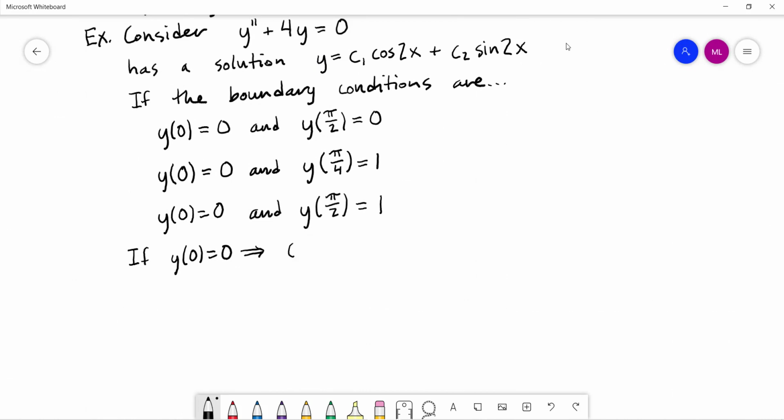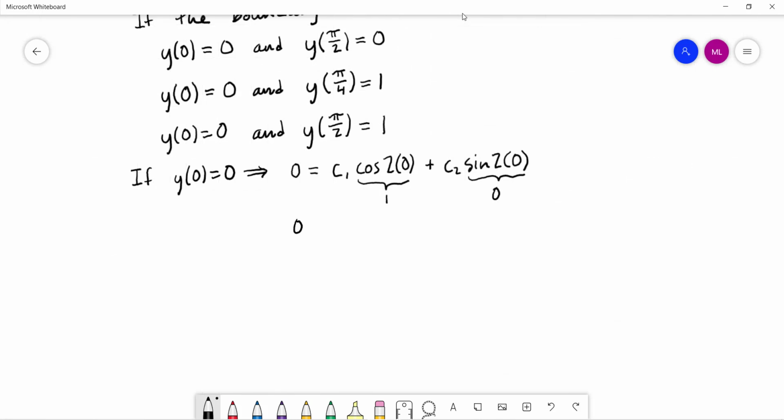We get that the y value is 0 whenever the x value is 0. So c1 cosine of 2 times 0 plus c2 times the sine of 2 times 0. Well, in this case, 2 times 0 is just going to be 0, so I'm looking at the cosine of 0 and the sine of 0. The cosine of 0 is 1, and the sine of 0 is 0.